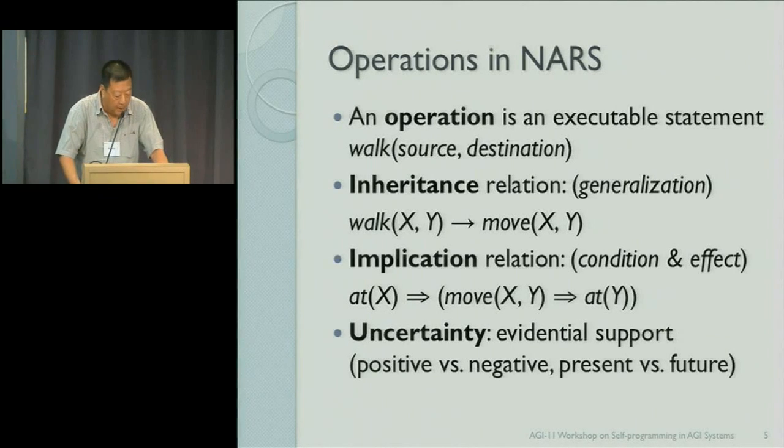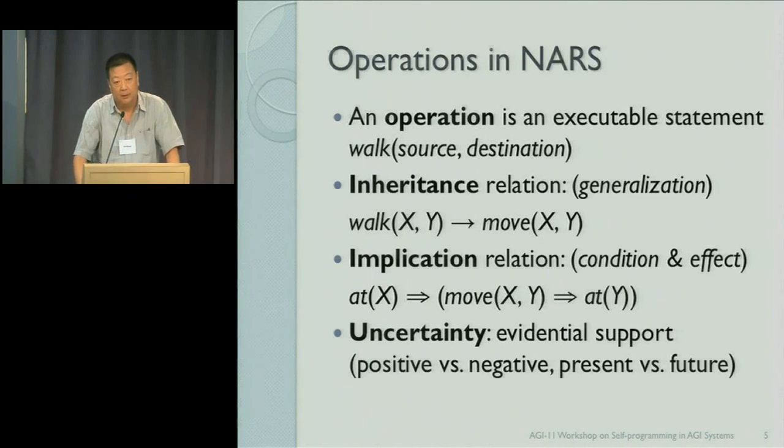Furthermore, this uncertainty is measured by a kind of two-dimensional truth value. I use two real numbers between 0 and 1 to indicate the statement's uncertainty. Both of them measure evidential support: according to the system's knowledge, to what degree this statement is true.